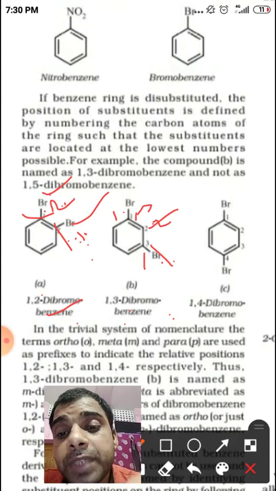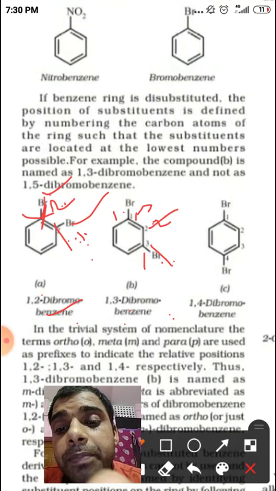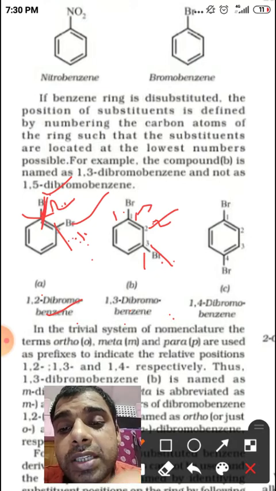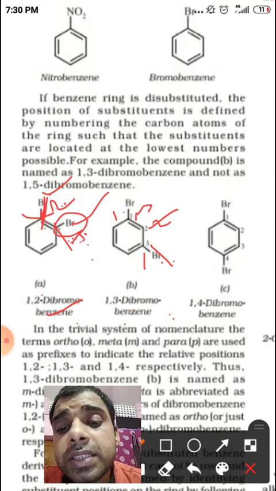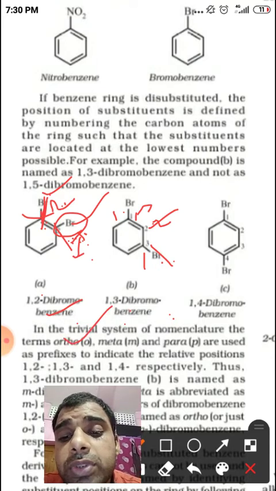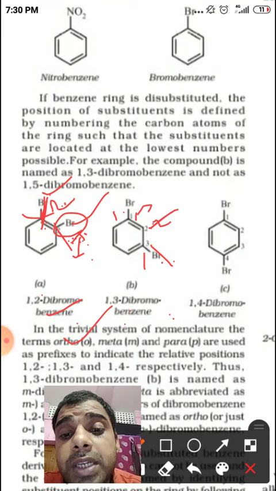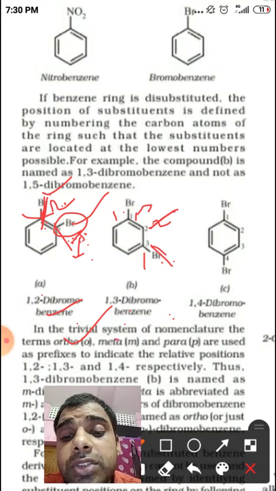Now you can see, if your main group is present here, and at first position some functional group is coming, that position is known as ortho. If at first position nothing is there, and at second position it is coming, then it is called meta.